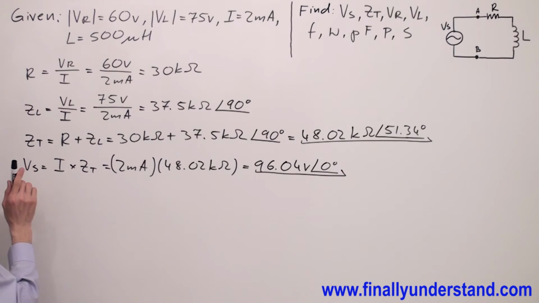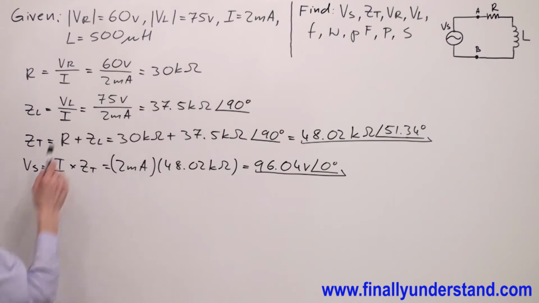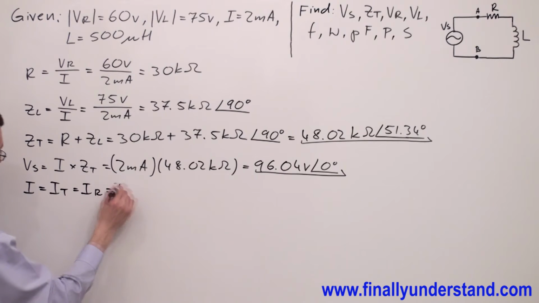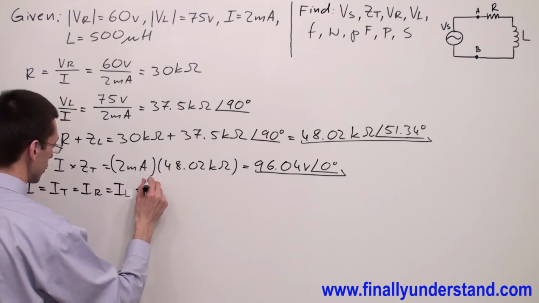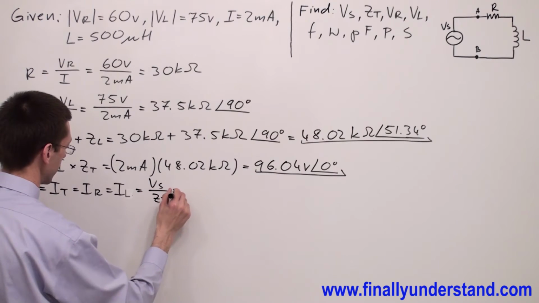Because I have voltage source and I have Z total, I can find the angle which is going to appear next to the current. Please notice that we said that I represents also I total, this is also IR, and this is also I, because this is series circuit. Current is equal to voltage source over Z total in this case.